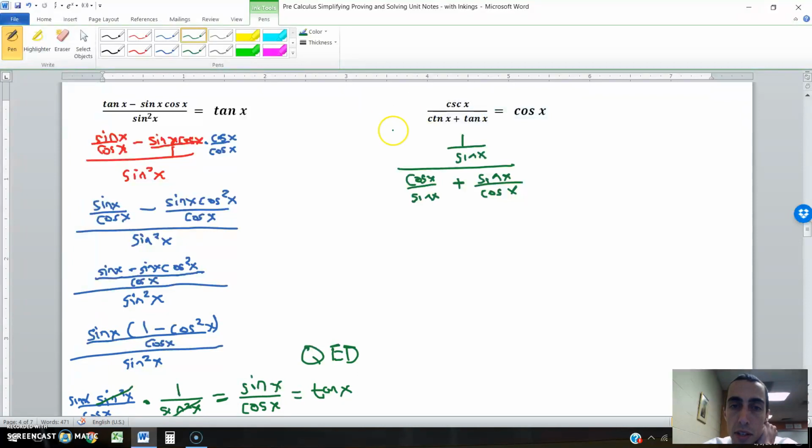That common denominator is going to be found, as usual, by multiplying those two denominators together. So our common denominator is going to be sine of x cosine of x. To make that happen, we need to multiply this one by cosine over cosine, and the other fraction by sine over sine.